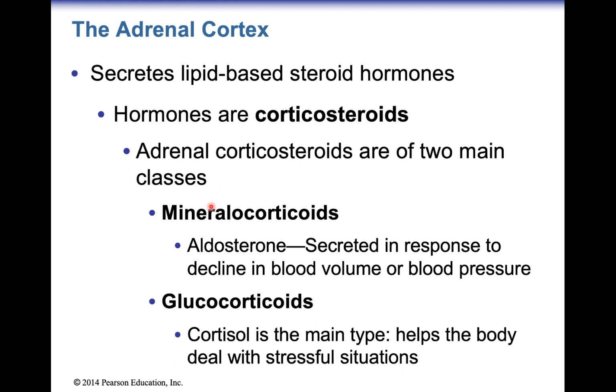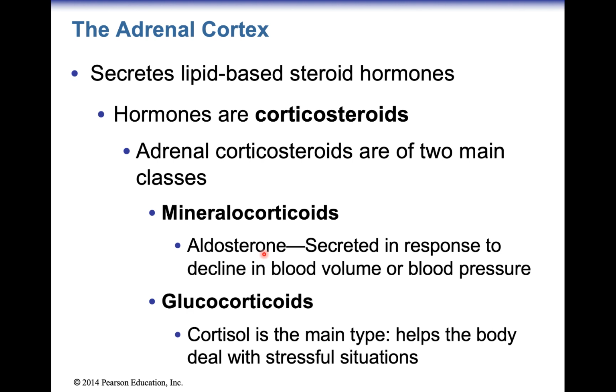There are two classes of corticosteroids, mineralocorticoids and glucocorticoids. One example of a mineralocorticoid is a hormone called aldosterone. You make aldosterone when your blood pressure is low.